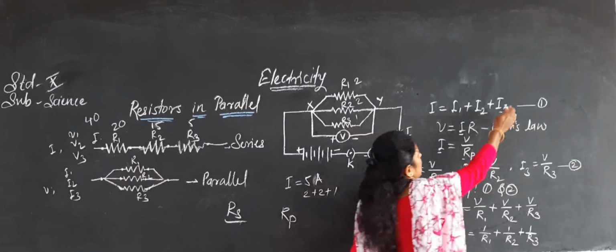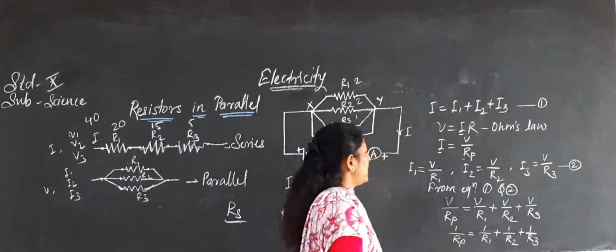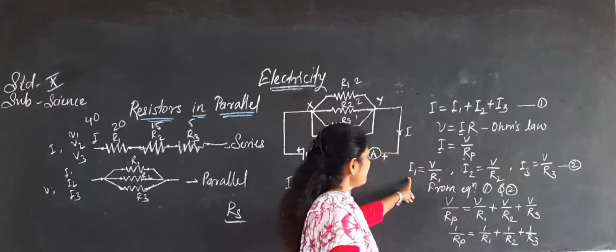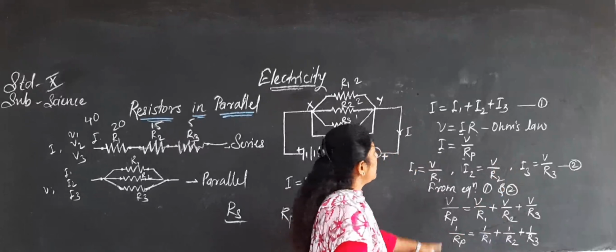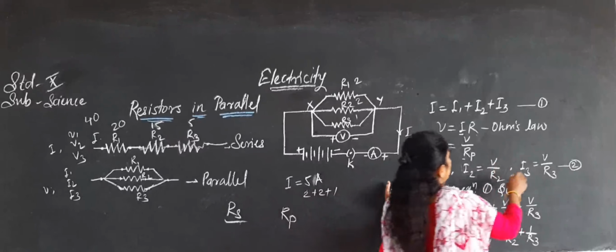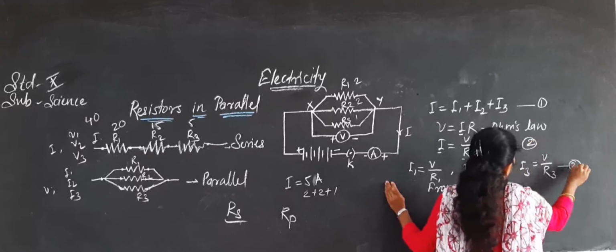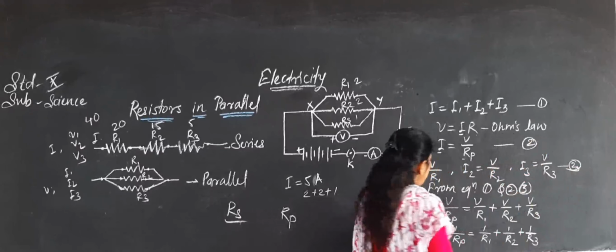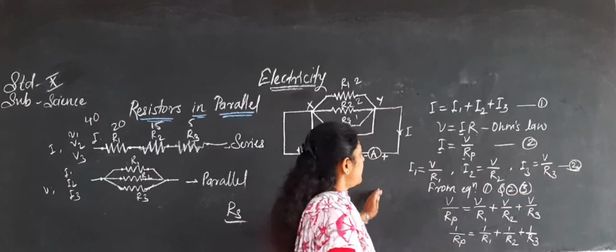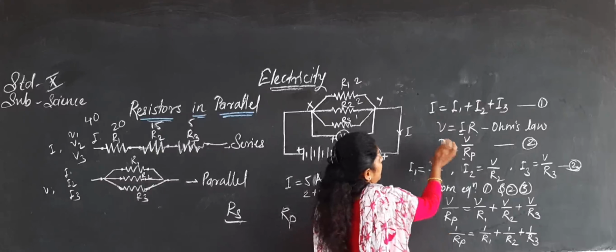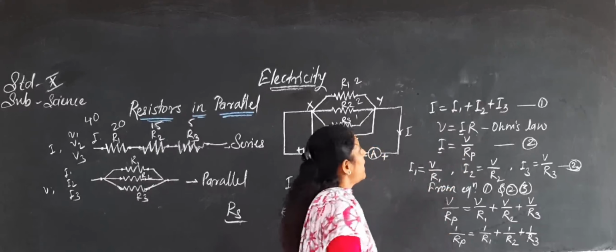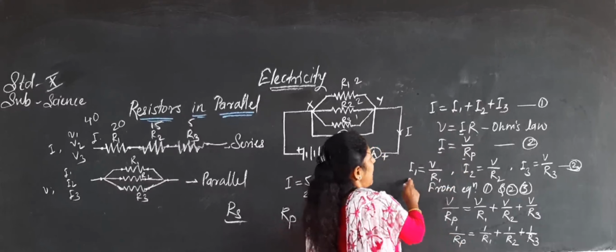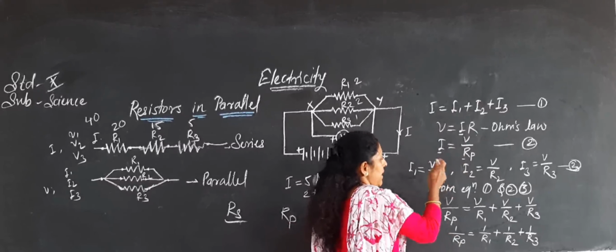From equations 1, 2 and 3, when we add them, we get V divided by Rp. Here V divided by Rp is the total current I, and I1 is equal to V divided by R1.